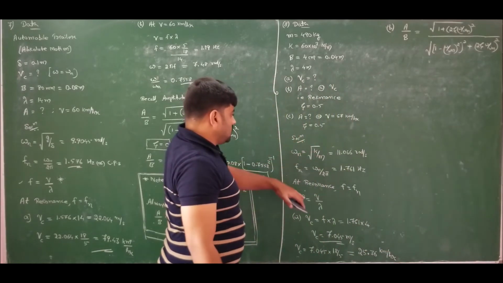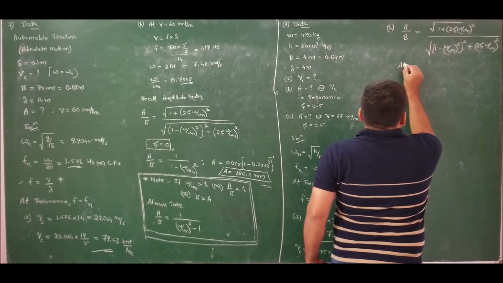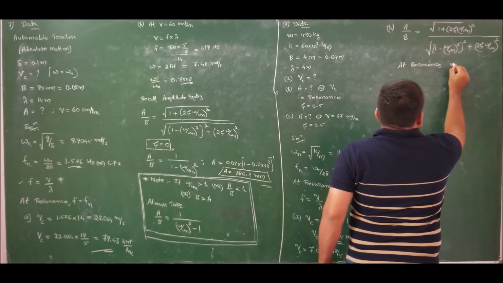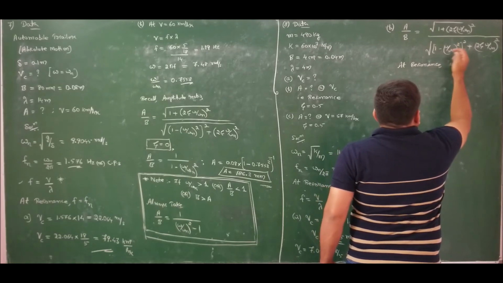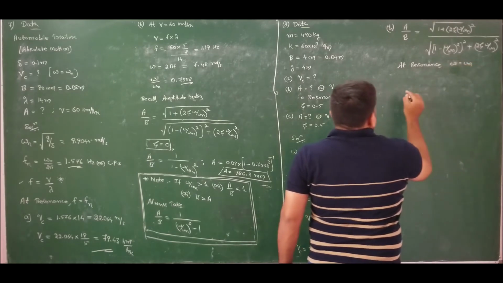At resonance, omega is equal to omega n. So at resonance omega is equal to omega n.